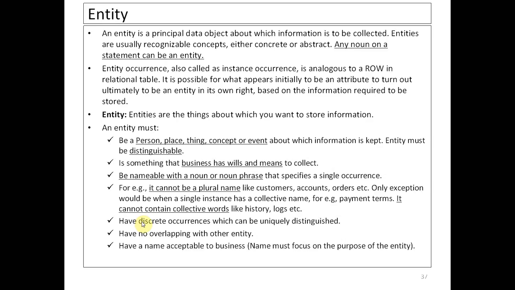It has to be a singular phrase, because it cannot be plural, like customers or accounts. It has to be a customer. It cannot contain collective words like history or logs. It has to be a single instance of a collective name.